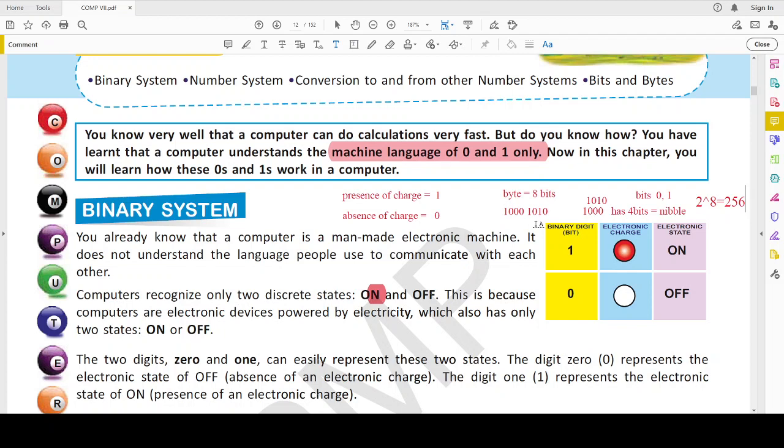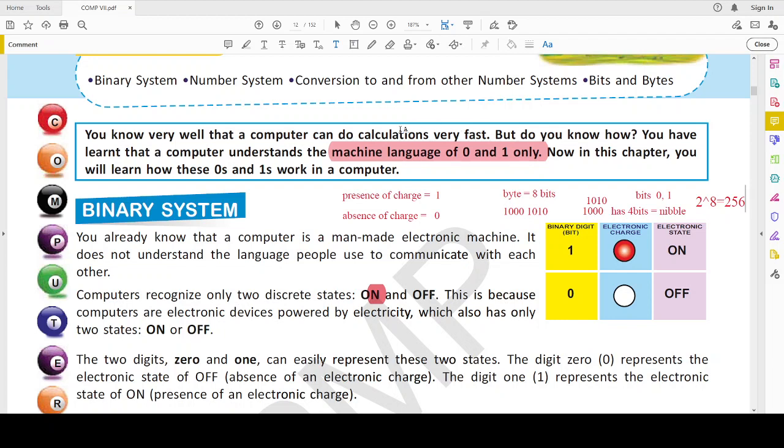So let's read through the chapter and see what information we get from it and what concepts we have to learn from the chapter. We know well that a computer can do calculations very fast, but do we know how it does the calculation so fast?